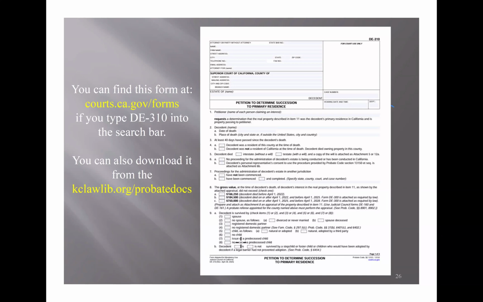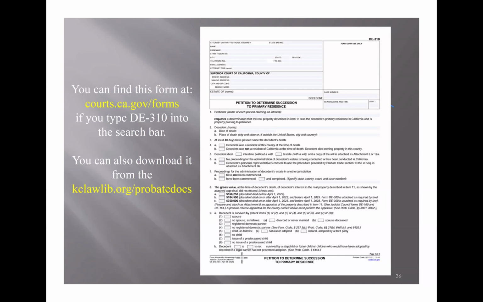Then under 7, whether there is issue of a predeceased child. So that means, say, grandpa died and he had 3 kids, but one died before him, who had children. Those grandchildren would be called issue of a predeceased child. So you check whether there was or there wasn't, all right?